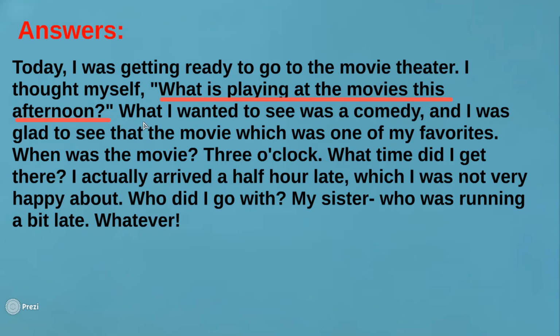Next, this sentence, what I wanted to see was a comedy, and I was glad to see that the movie, which was one of my favorites, this is not an example of an interrogative pronoun right now, because you can see here that it is not asking a question. Okay, this is not asking a question, but it is just explaining.